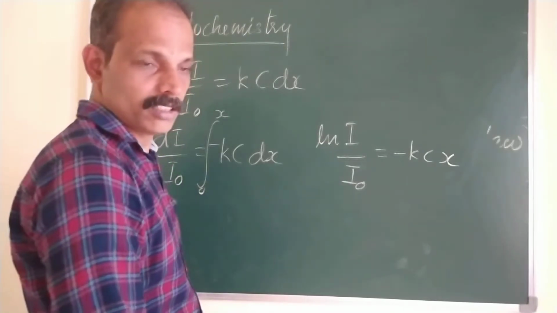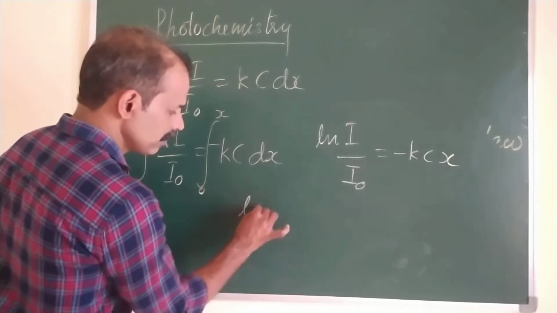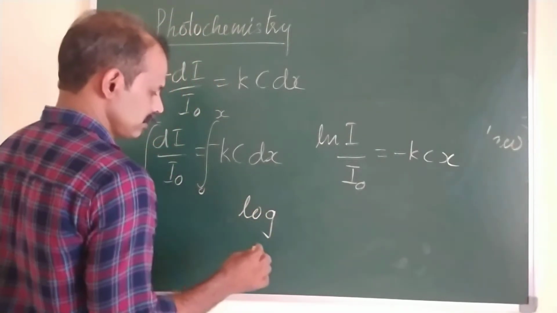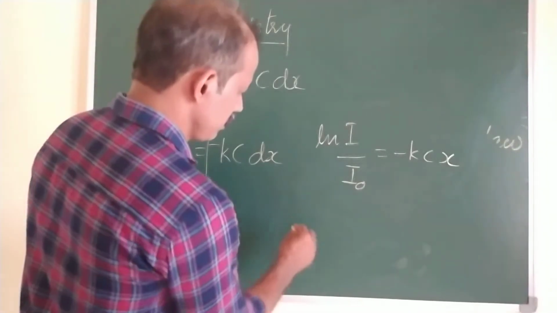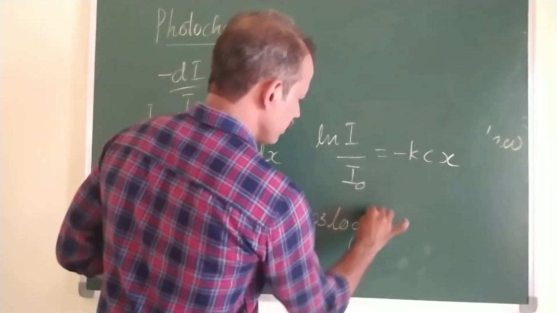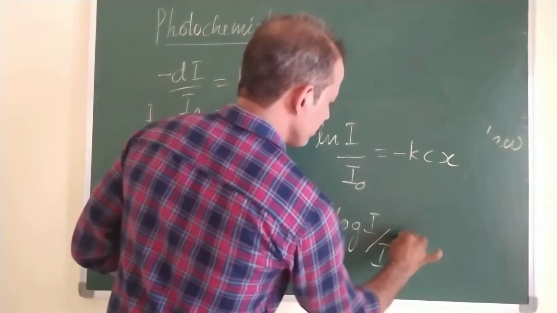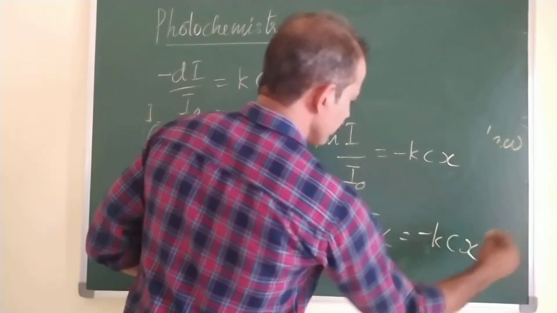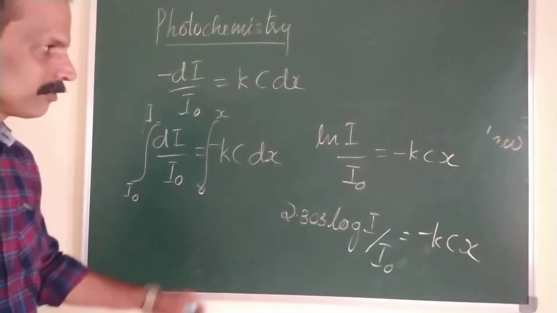Taking common log, so we get 2.303 log I by I0 is equal to minus Kc into x.